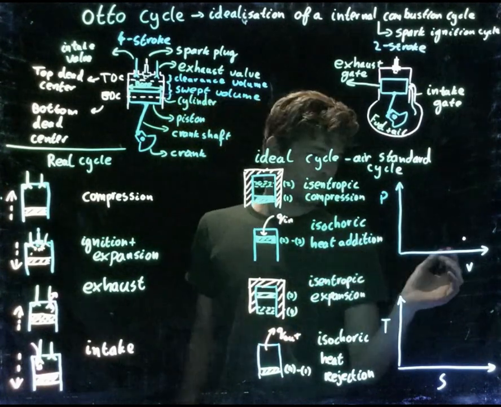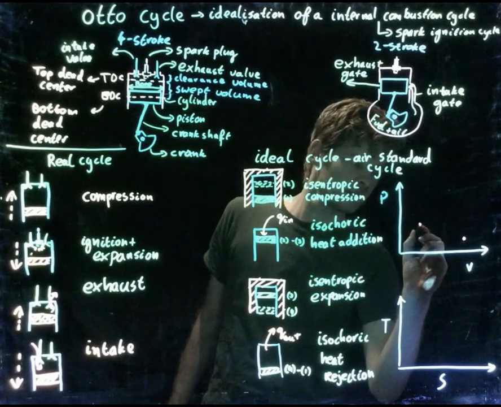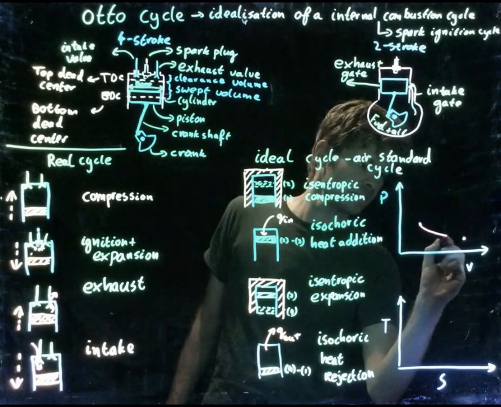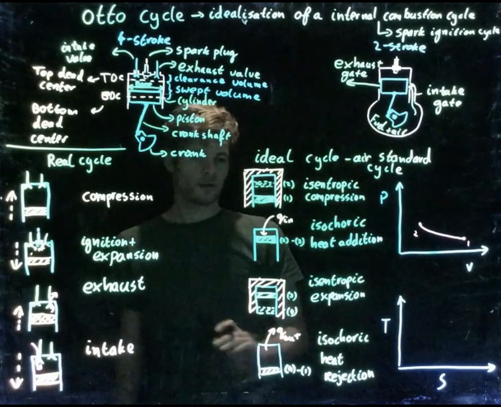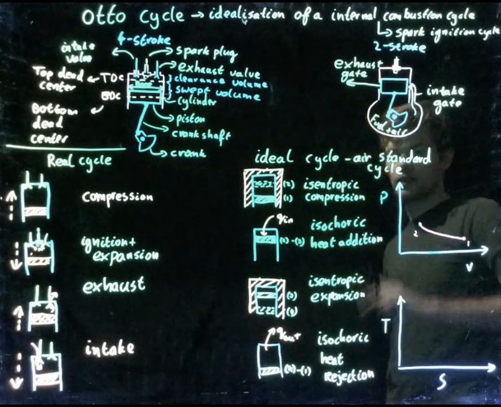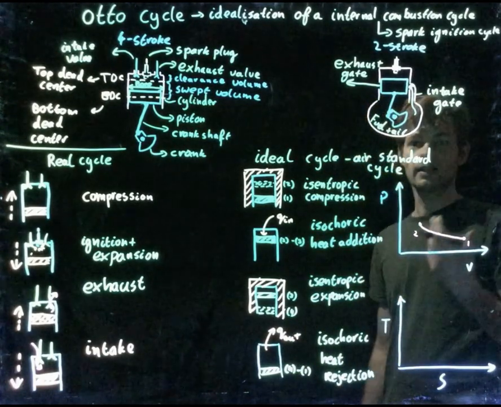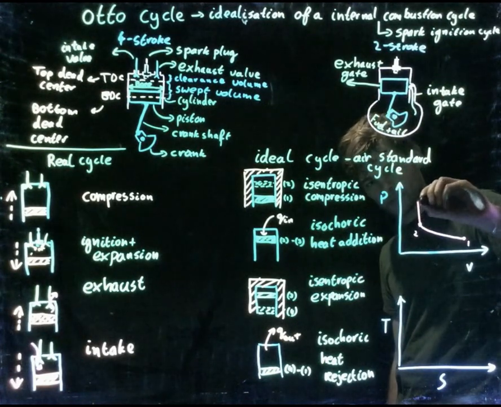And it will be isentropic. So it will look like this. So pressure is going to increase from 1 till 2. And from 2 till 3, I'm going to add heat. So the pressure will increase, but since it's isochoric, volume will remain the same. So this is what's going to happen.